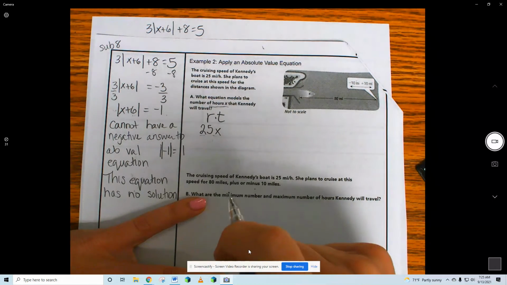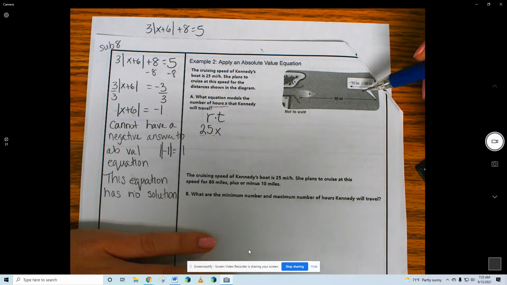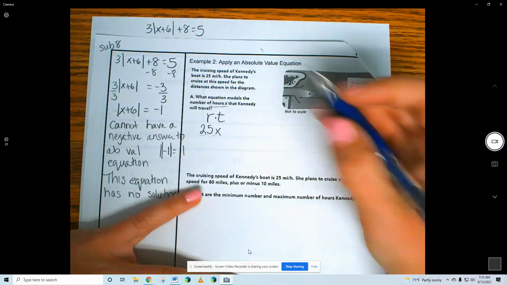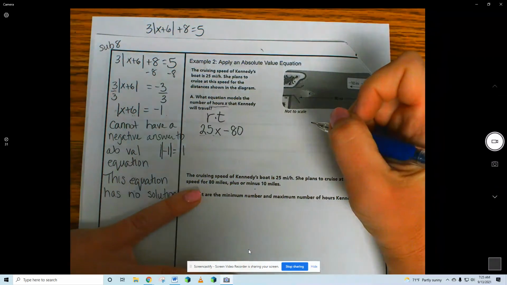Now, from the 80-mile point, this indicates that she's 10 miles from the 80-mile point. So I'm going to say that she has to go 80 miles. I'm going to put a minus 80. This is going to be an absolute value.